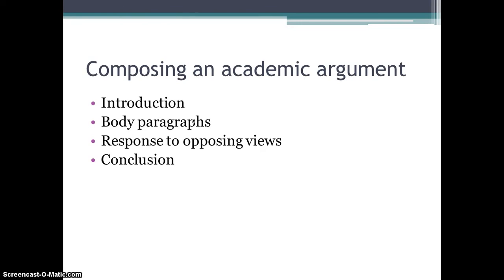The body paragraphs have to break apart the main idea. They have to provide evidence, and we're going to talk more about this in detail. This could be such things as providing and analyzing historic evidence, current statistics, expert opinions, other survey results, that sort of thing. And then the conclusion: you don't want to introduce any new information in your conclusion.